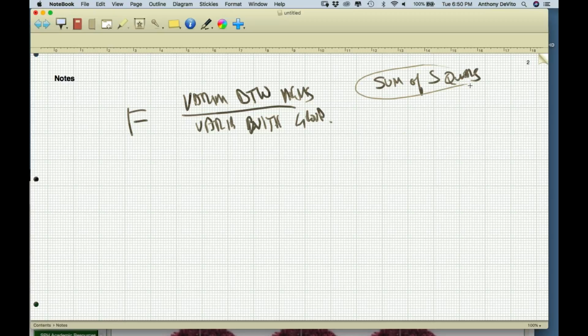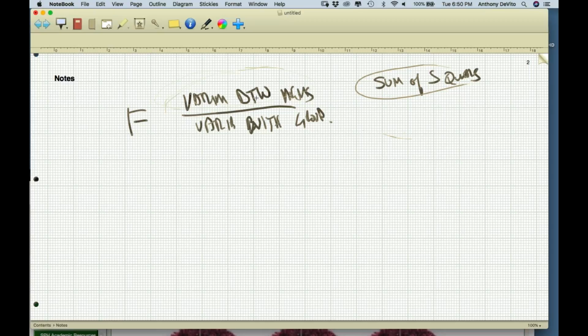When we took the sum of squares, what we did was we took the average value for the means, for instance, and we looked at the difference between each mean and the average value for all of the entire samples.